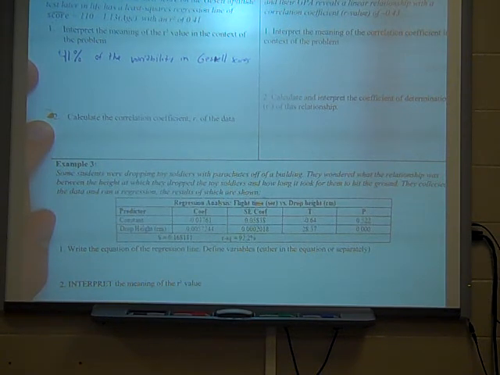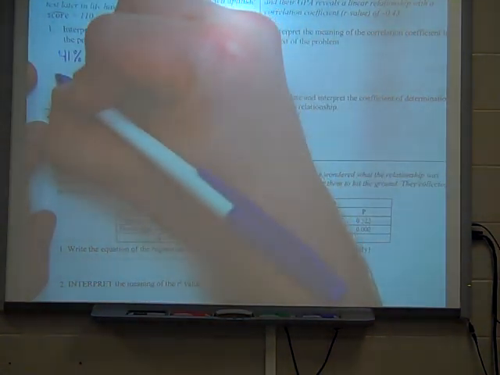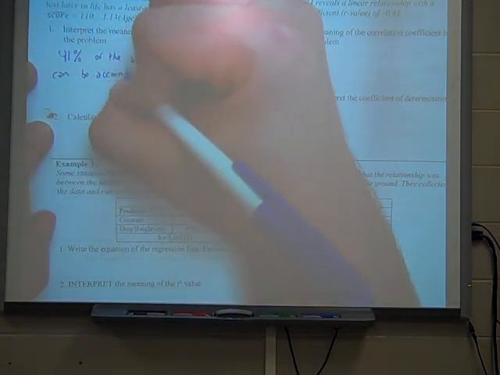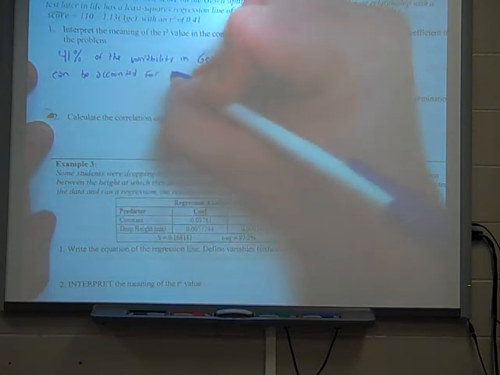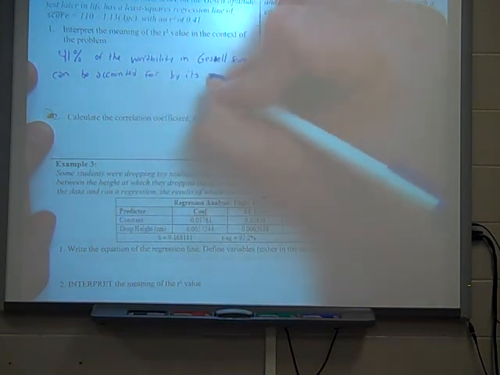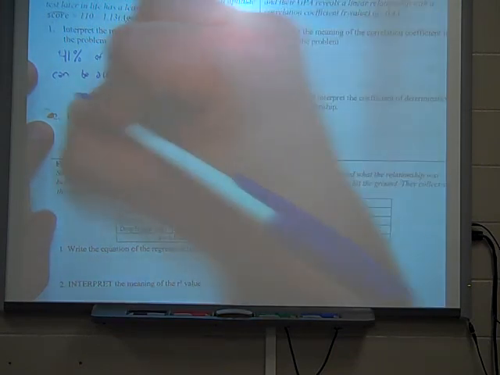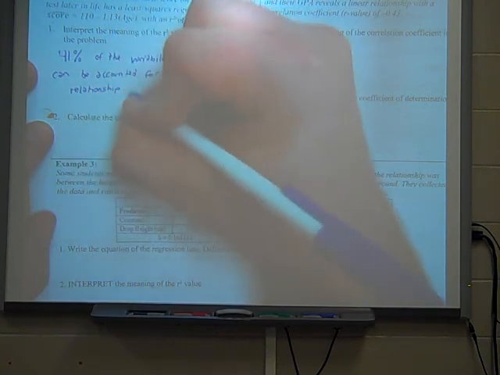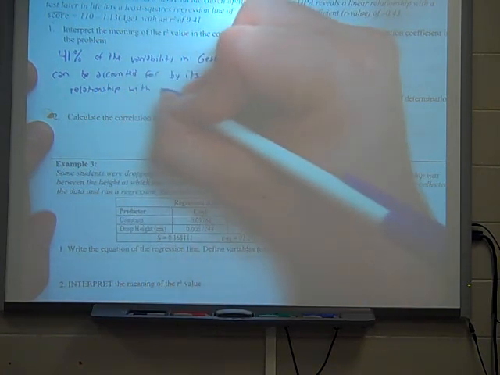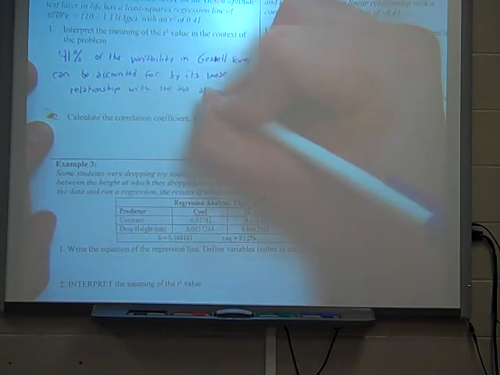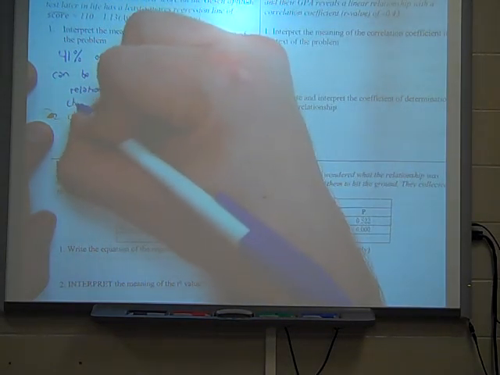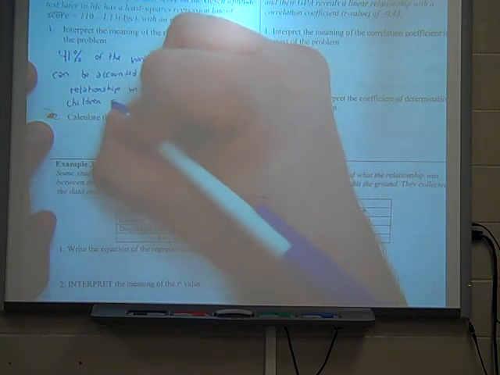But 41% of that variability can be accounted for by its linear relationship with, in this case, the age at which children say their first word.